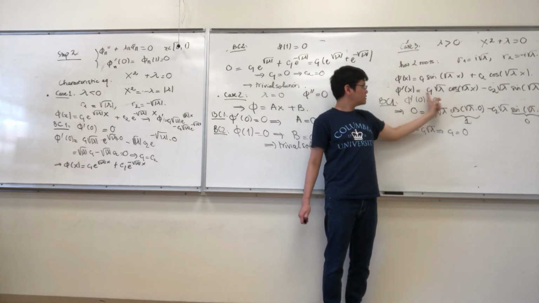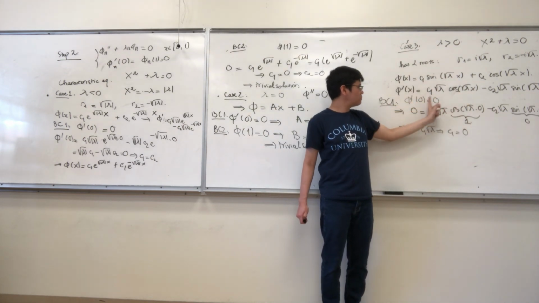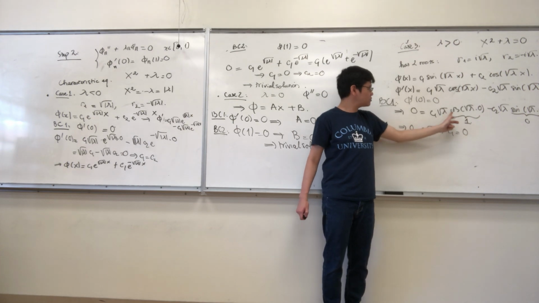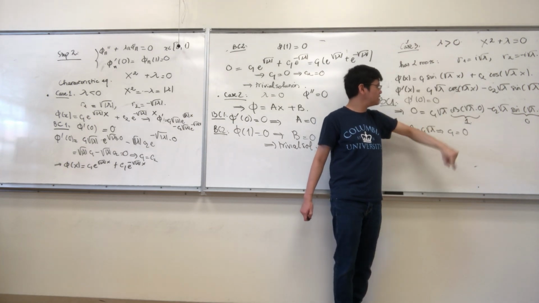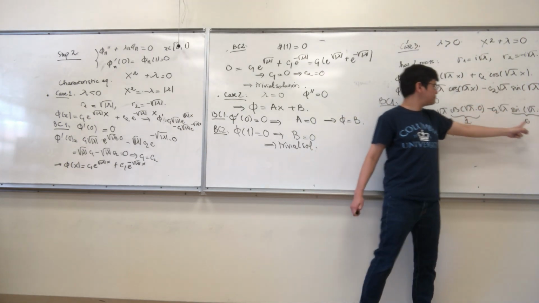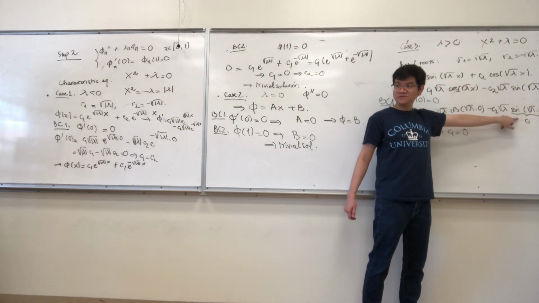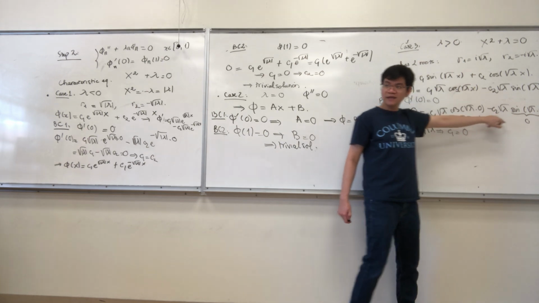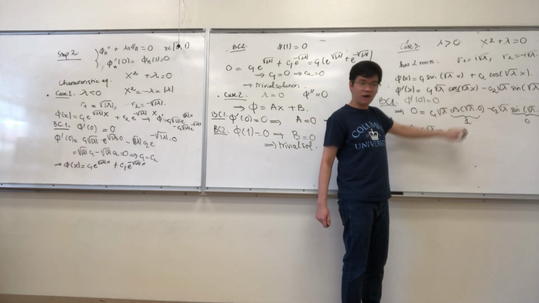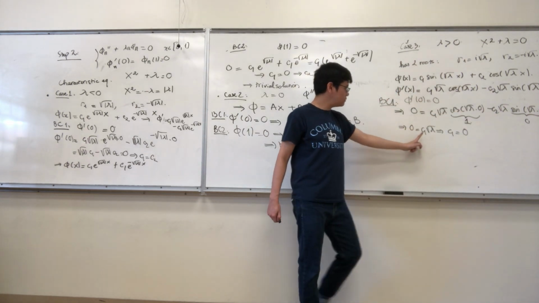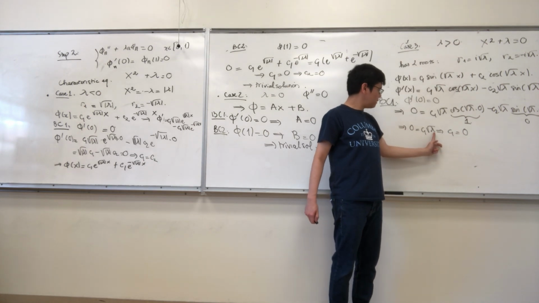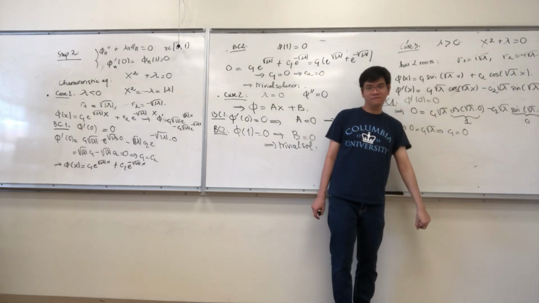This is the derivative of the solution. You replace 0 here, so I have C1 square root of lambda cosinus square root of lambda times 0. I replace 0 here, I have C2 square root of lambda sinus square root of lambda times 0. So this sinus of 0 gives you 0, and this cosinus of 0 gives you 1. So you have 0 is C1 times square root of lambda, which means that C1 is 0.